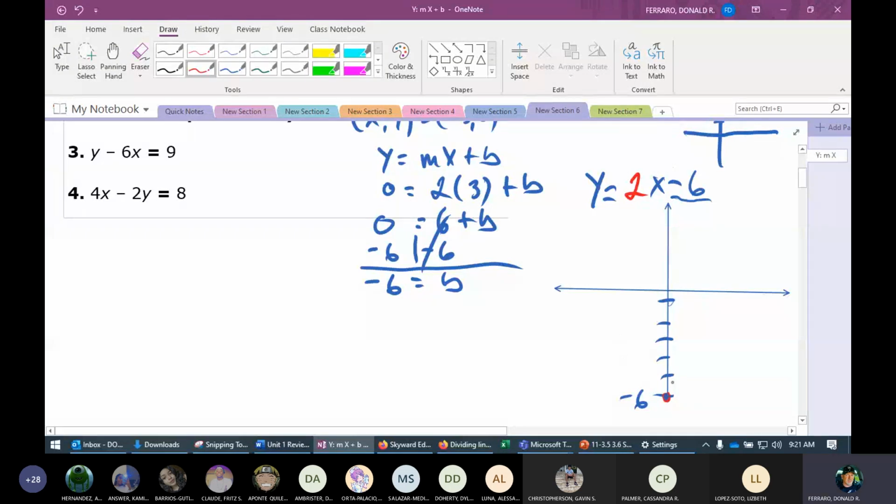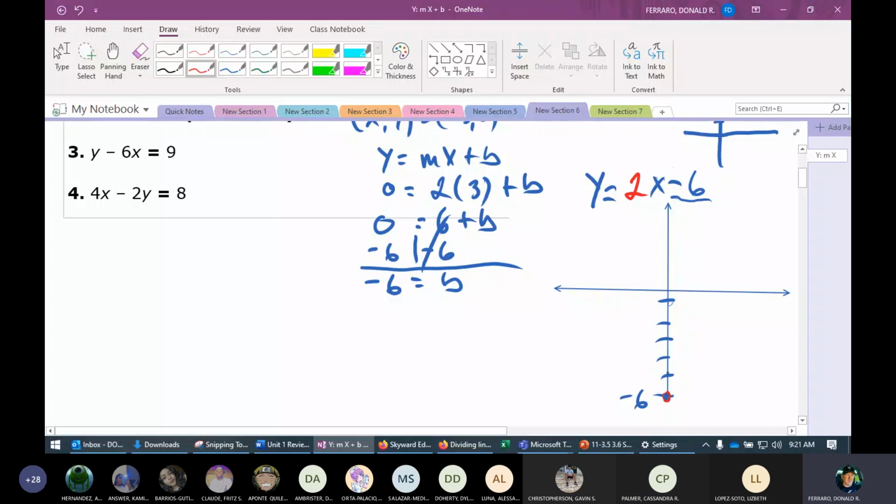Now, Cassie, that slope right there, tell me which direction I would move. Remember, rise over run. You'd go up 2 and then over to the right 1. Okay.